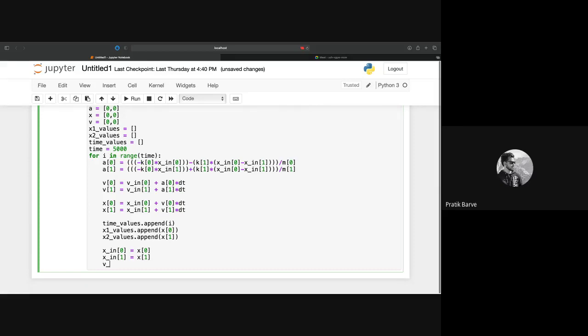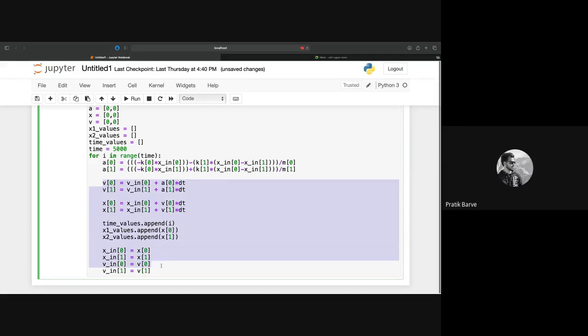Similarly, v will change. v in 0 will become v0, and v in 1 will become v1. Now if you notice, these things have the potential to be put in one single loop, because the indices follow perfectly. So for i in range length of masses, all this can be put in one loop. So you could try that out by yourself.